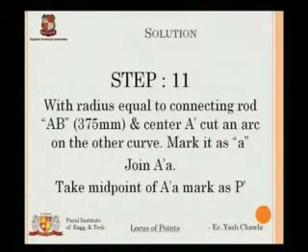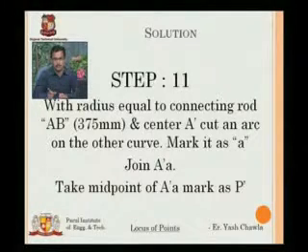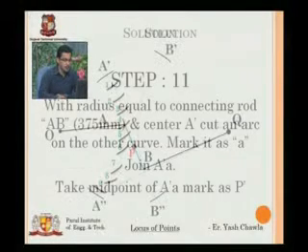So first step. Now we know that we have OA. The next step is to mark the position of the connecting rod. So for A dash, I'll first take the point A dash and take my radius equal to 375 mm, that is the length of the connecting rod AB, and then with center at A dash, I'll cut an arc on the curve.